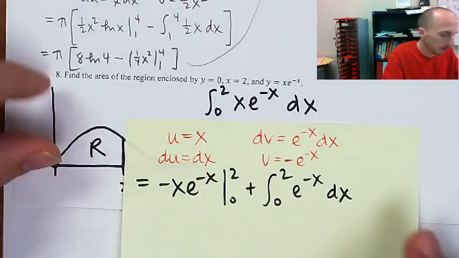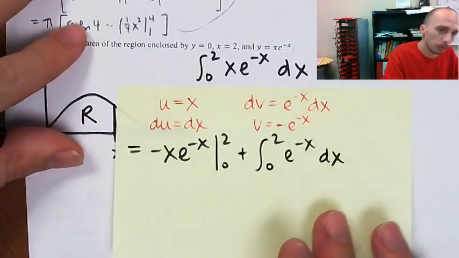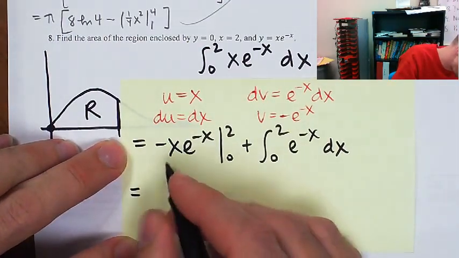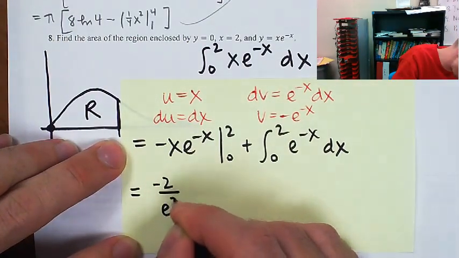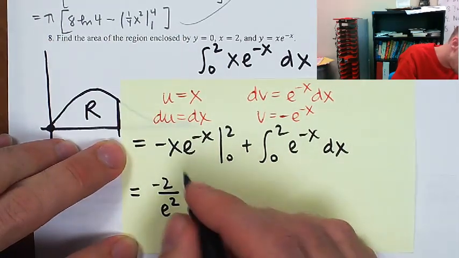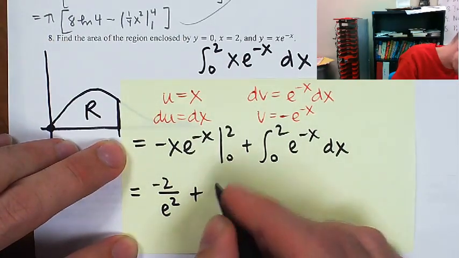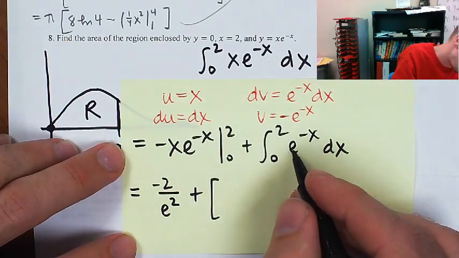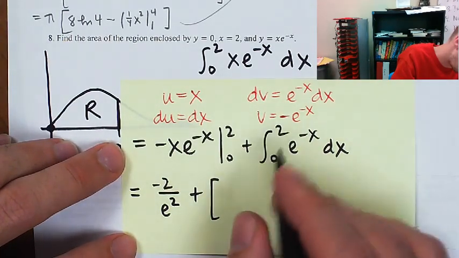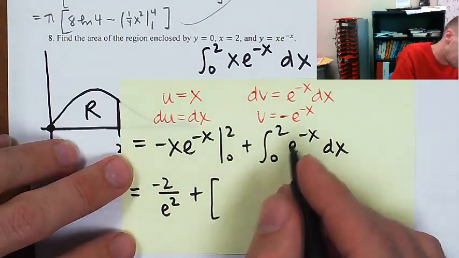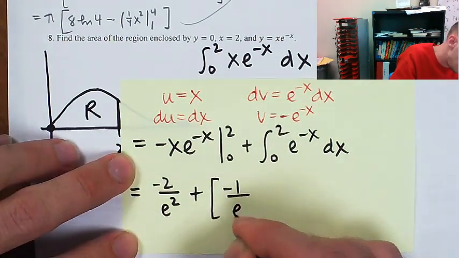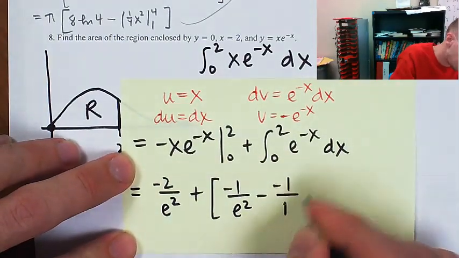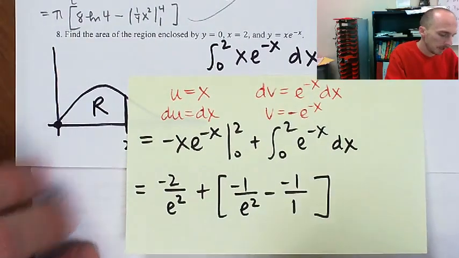And if I'm going to need more room, let's say this is negative 2e to the negative 2 minus 0, okay, plus the integral from 0 to 2 of e to the negative x dx would be negative e to the negative x, so negative 1 over e to the 2 minus negative 1 over e to the 0. Okay.